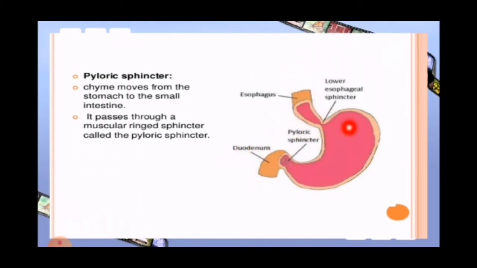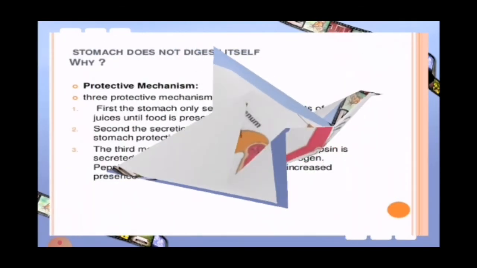Once the bolus enters that part, it is going to be closed to stop the backflow. Now the main function of peristalsis is the same, just like the esophageal sphincter. It passes through a muscular ring sphincter called the pyloric sphincter, and from this it enters the small intestine.